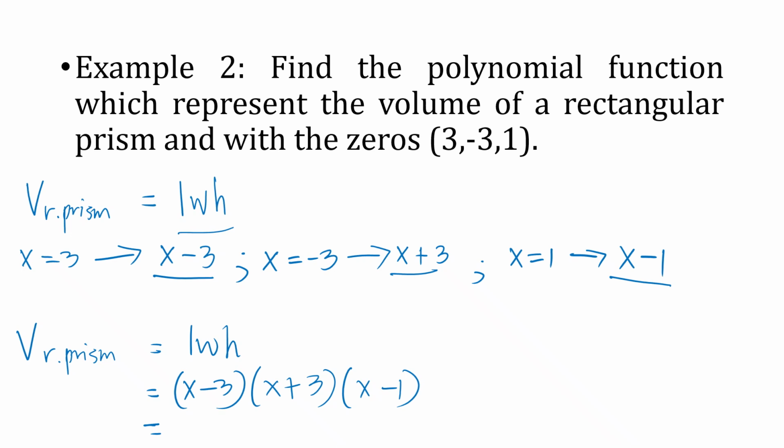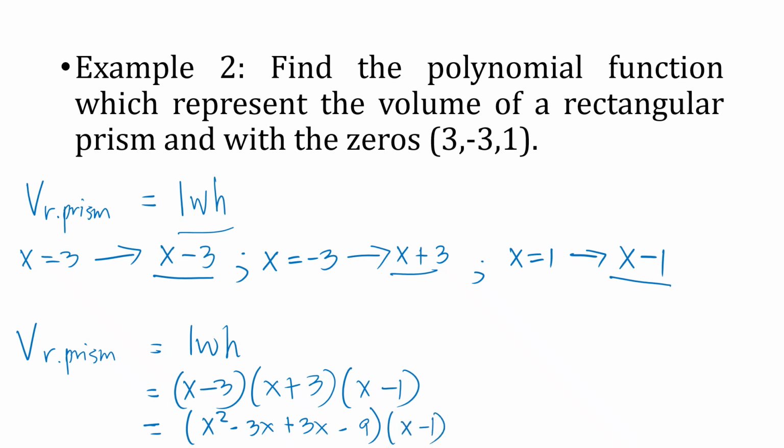Then x minus 3 times x plus 3 is x squared minus 3x plus 3x minus 9. So we're just using the FOIL method here. Then copy x minus 1.